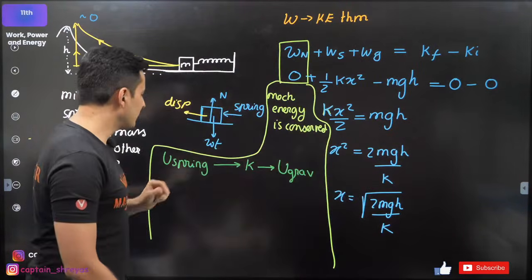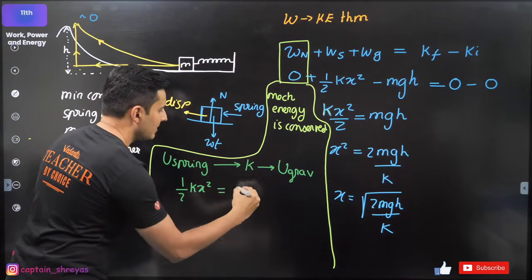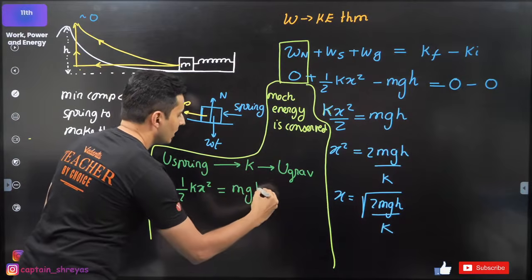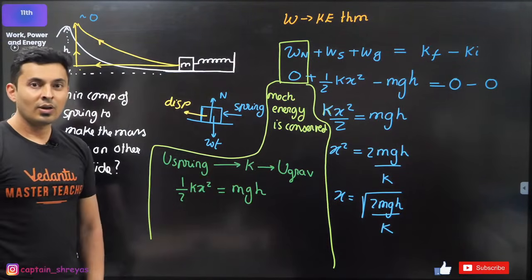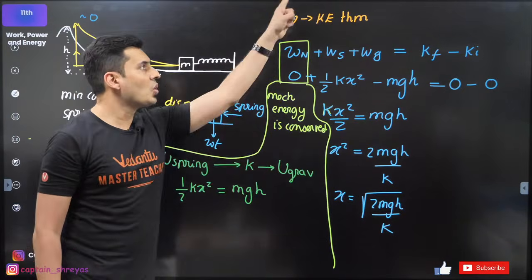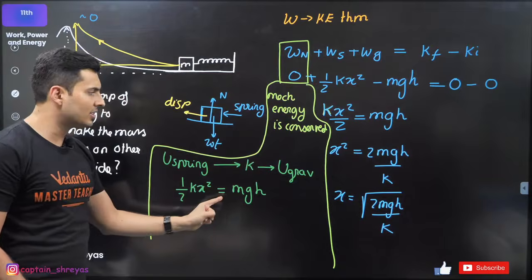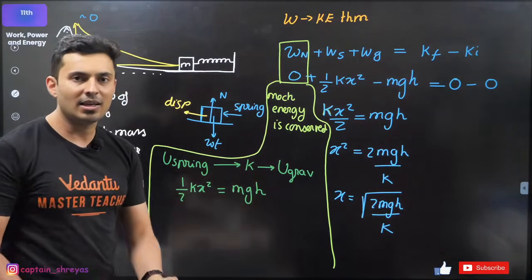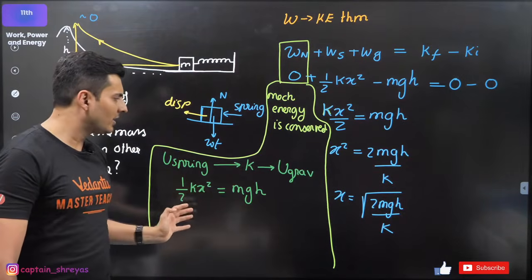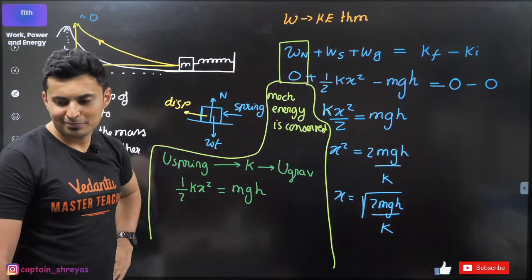So can I not say directly half kx square is equal to mgh? Isn't this and this the same? What does this tell you? Whether you go via work energy theorem or simply energy conservation, if it is conserved of course, then you can get the same answer. But yes, usually this method is easier, quicker, faster as compared to this one.